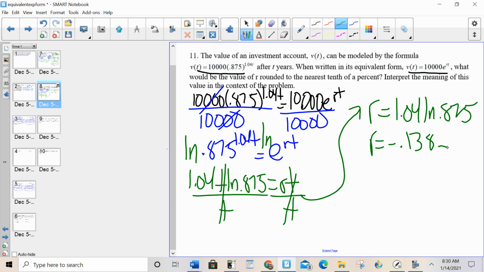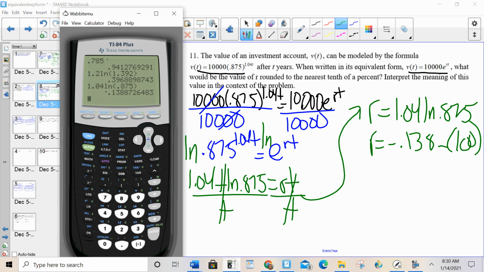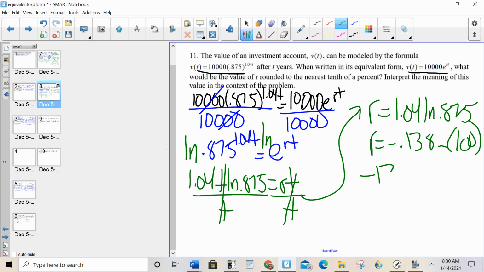Because it wants it as a percent, I'm going to multiply that by 100. And I would get, to the nearest tenth of a percent, negative 13.9%. Interpret the meaning in the context of the problem. Well, because it's negative, it's decreasing by 13.9%. What is the value of the investment?